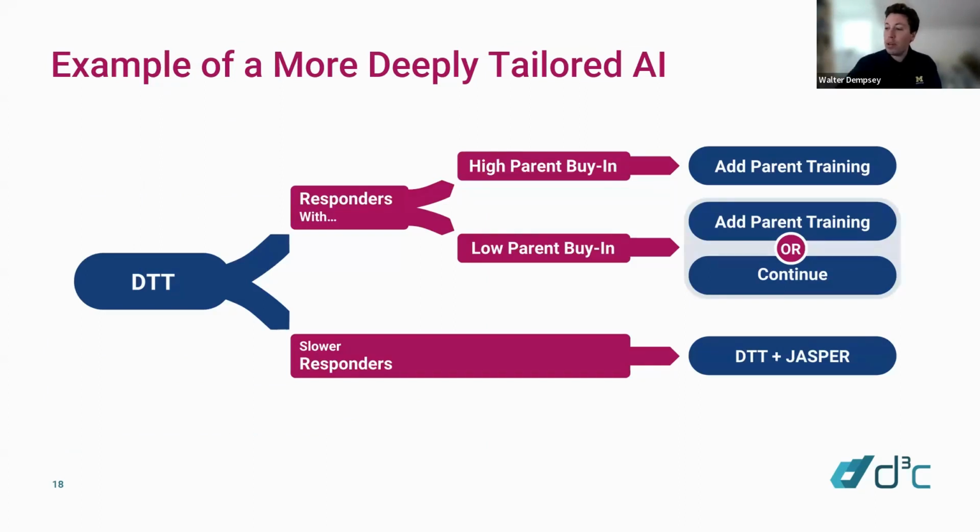There's only so much you're going to be able to do in terms of answering all of these questions with a single data set, but at least it's going to guide you in terms of the next experiments you do. For example, you might learn that parent buy-in is important, and so your next experiment might be comparing this particular deeply tailored AI to, let's say, a standard of care treatment, and so that might be the next one you run after that.